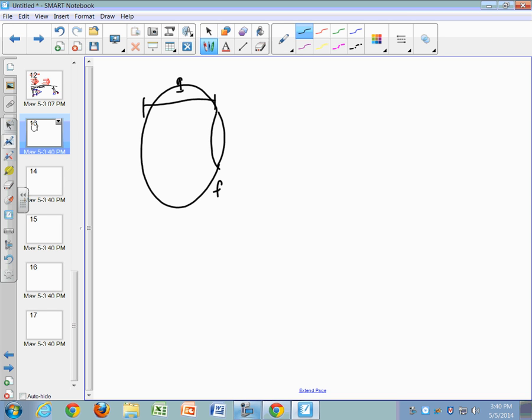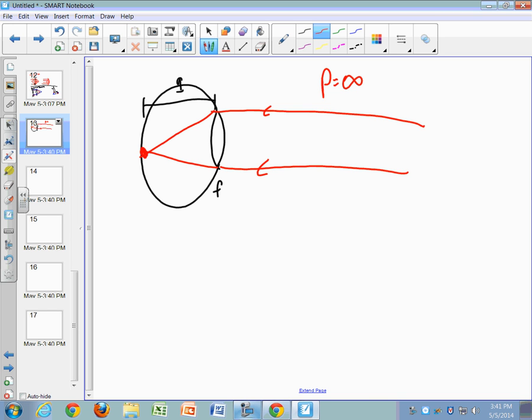The focal length is variable because you have those muscles that can squeeze the lens and make it fatter in the middle, shortening the focal length. Now, if you're looking at something really far away, the light rays are coming in parallel. So this is an object with P equal to infinity, very, very far away. And in that case, the focal point is the same as the image distance. So in this case, F is equal to Q. The focal point is on the retina. That's where your image is going to form.